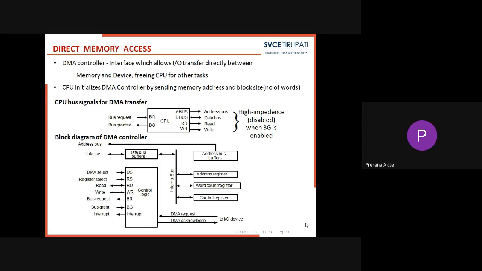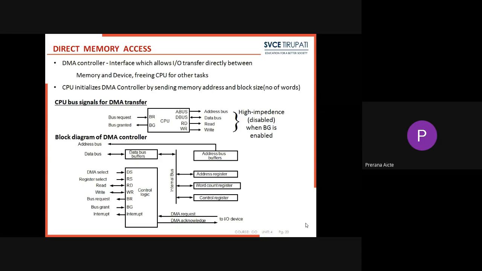The processor initializes the DMA by sending the following information through the data bus. In first one, the starting address of the memory block where the data are available for read, or where the data are to be stored for write operation.